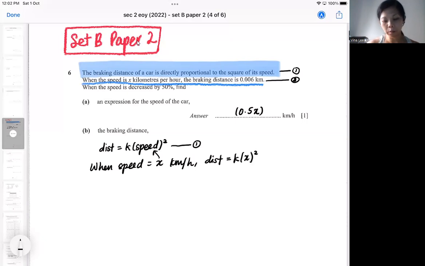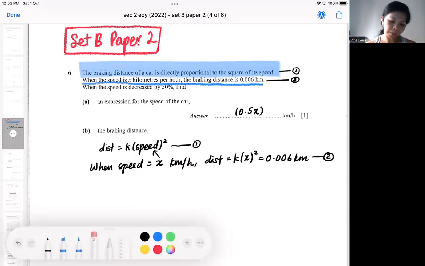And that distance is going to be 0.006 kilometer. So that is just from the second statement. So you follow the statement.